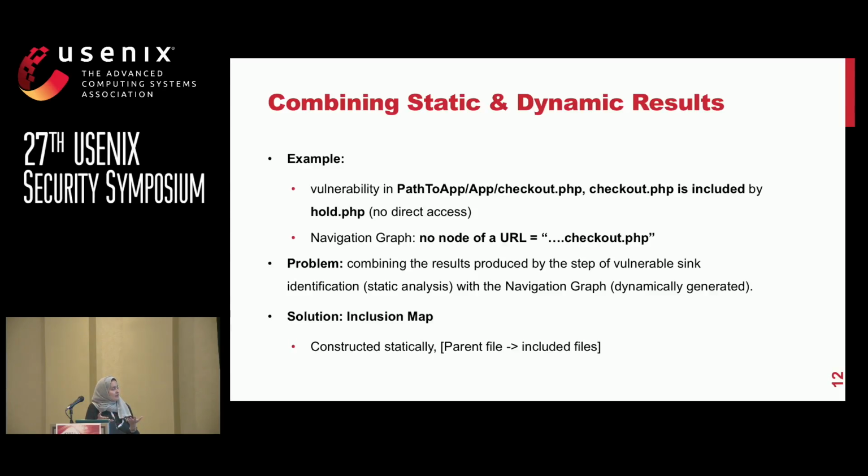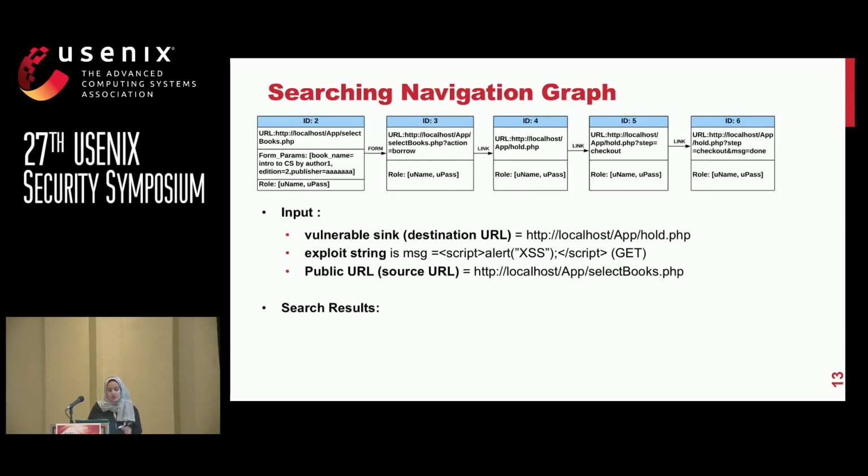For this issue, we statically construct an inclusion map that will resolve the inclusion relationships so that when we search a navigation graph, we know exactly the destination URL that we should look for.